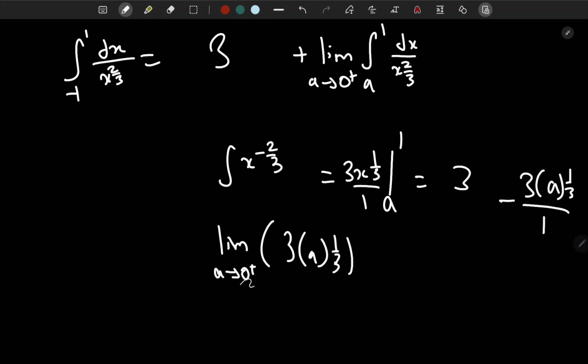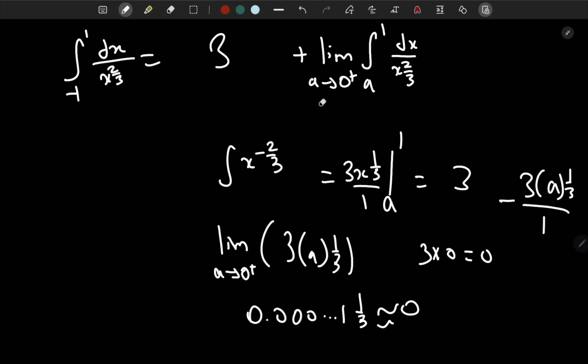Here we are approaching 0 plus, and we can try some numbers on our calculator again. It will be 0 point, add a couple of zeros, like 10 zeros, and then 1, and to the power of 1 over 3. This is even going to make the number smaller, so this is approaching 0. And 3 multiplied by 0 is also 0.